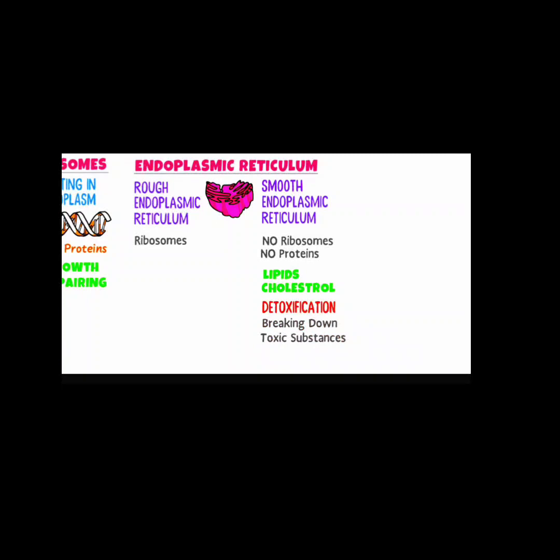Coming to the rough endoplasmic reticulum, we know that it contains ribosomes and ribosomes form proteins. Now, what is the function of rough endoplasmic reticulum? Well, it helps the ribosome to produce protein. Secondly, it packs or encloses the proteins in vesicles.